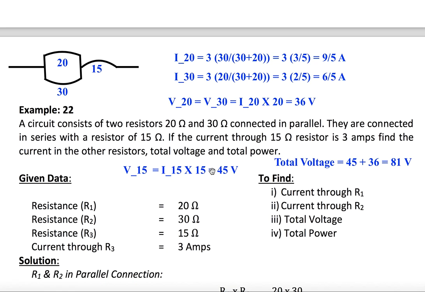Total voltage is 45, total current is 3 ampere. 45 into 3: 3 5s are 15, 3 4s are 12, so 135 watt. So total power is 135 watt.